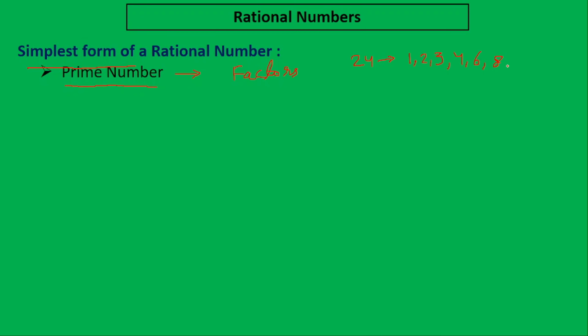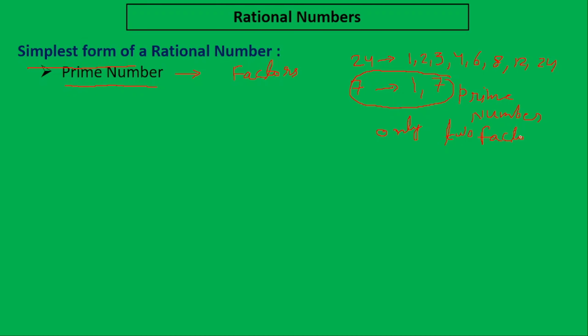So first we will understand what prime numbers are. Factors: every number has factors. Like 24 comes in the tables of 1, 2, 3, 4, 6, 8, 12, 24. So all these numbers are its factors. In whichever table it comes, those numbers become factors of 24. 7 has only 2 factors, 1 and 7. So whenever the only factors are 1 and the number itself, then that number is called a prime number.